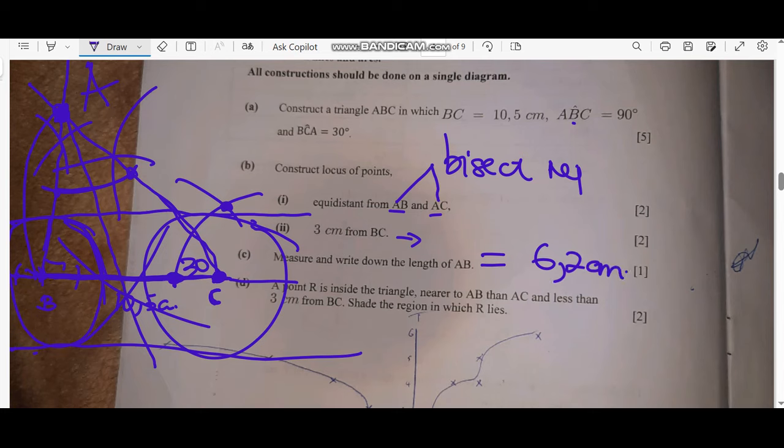Right, a point R is inside the triangle. It is nearer to AB than AC, which means it is closer to AB than AC, so we are bounded by this line. The region we want is this side. Then it says and less than 3 cm, so the other side no longer matters. So nearer to AB but less than 3 cm is this region. Then shade the region in which R lies.